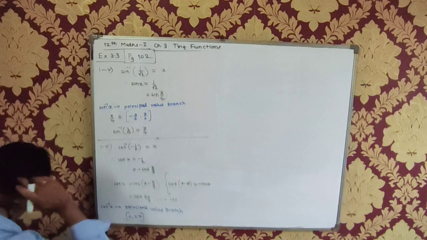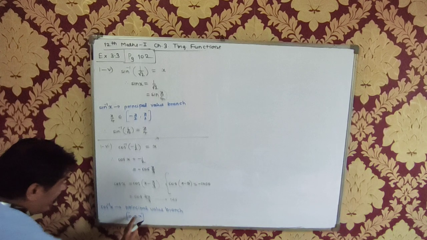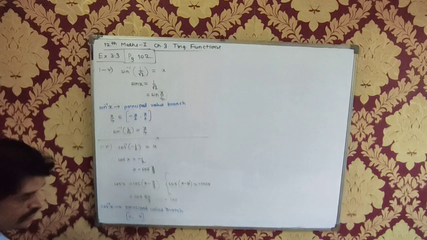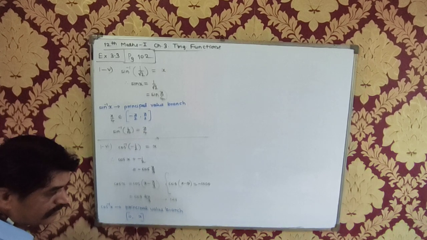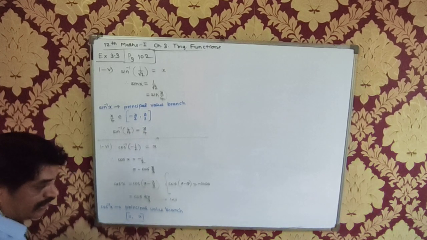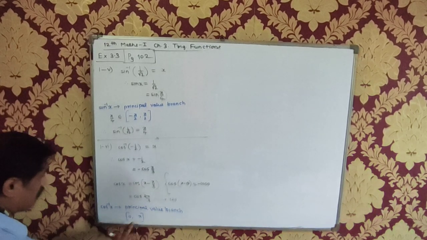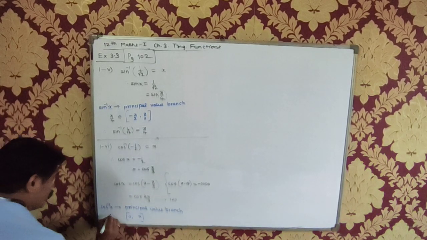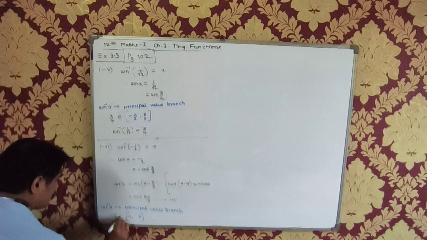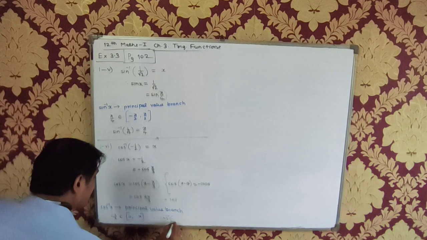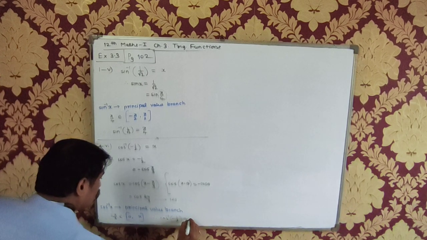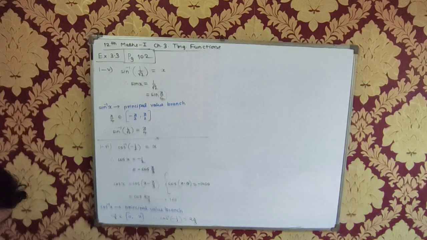Refer to the table if you need it. Principal value branch for cos inverse function, 0 to pi, meaning up to 180 degrees. This is 120. So this 2 pi by 3 very much belongs to this, and therefore cos inverse of minus half is equal to 2 pi by 3. That is the answer.